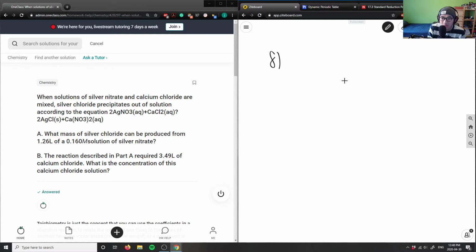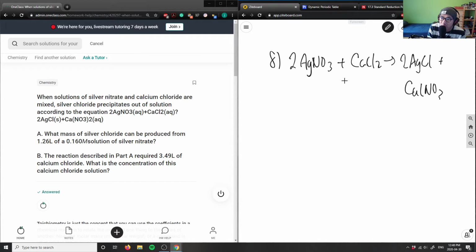So let me just write this down. I have 2 AgNO3 plus CaCl2 would give me 2 AgCl plus Ca(NO3)2 here. It says what mass of silver chloride can be produced from 1.26 liters of a 0.160 molarity solution of silver nitrate.